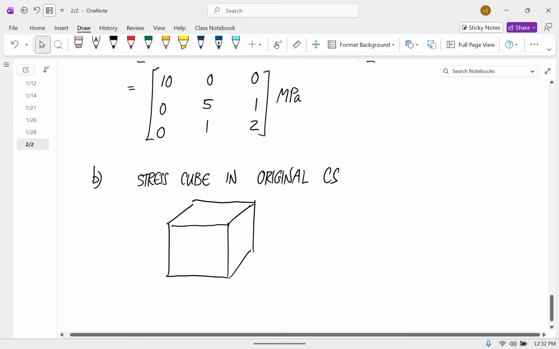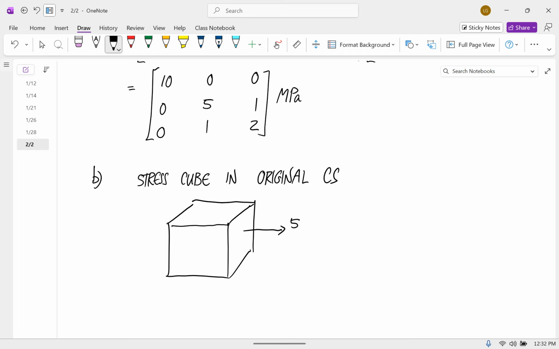In the original, on the X face, we have a positive X component, no Y component, and a negative Z component of 1.